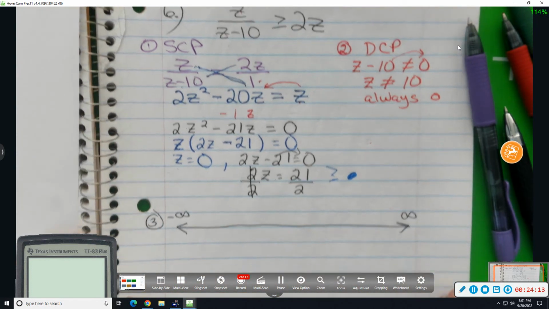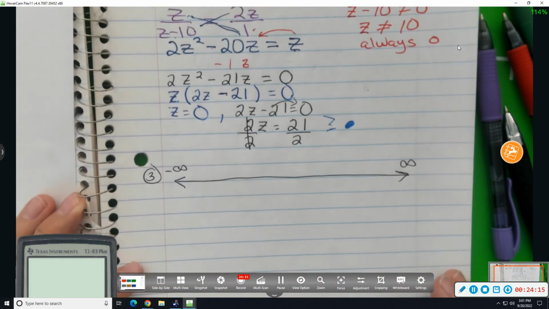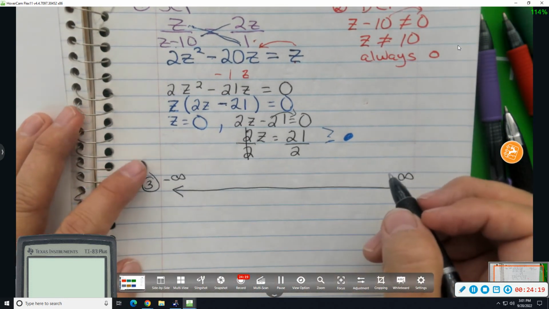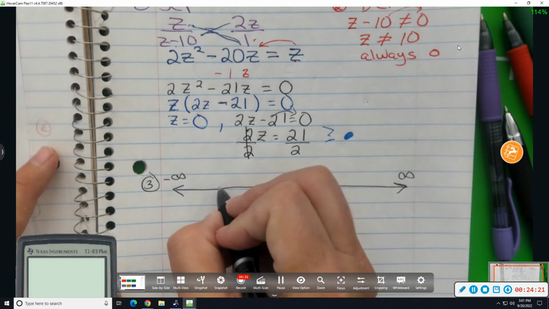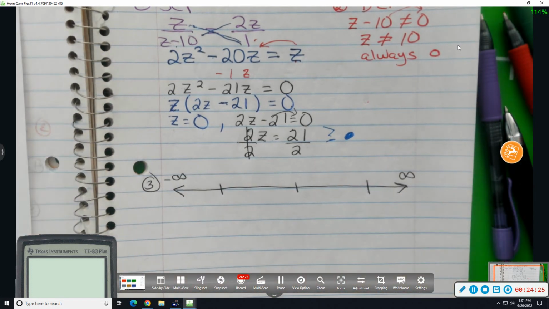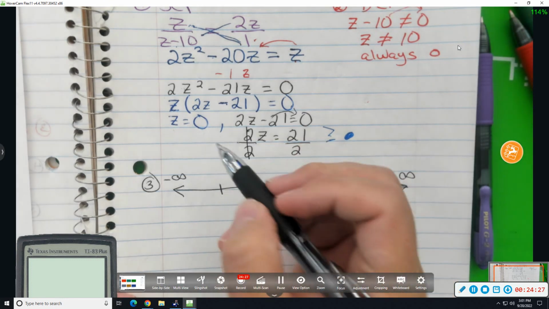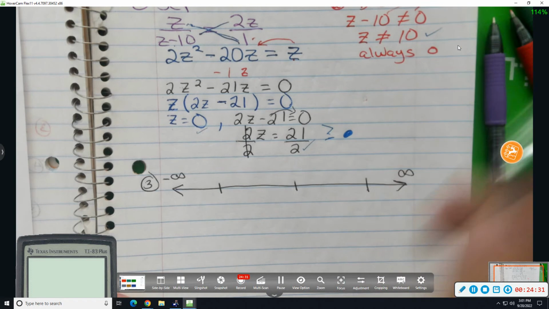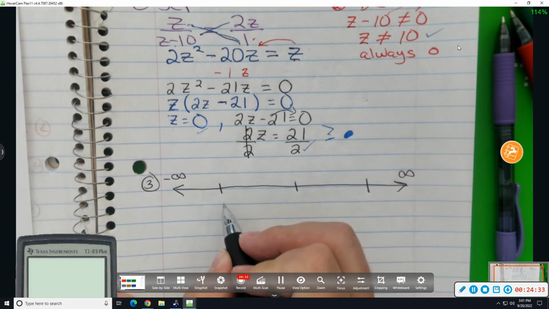Make sure you put these numbers in numerical order. We have 3 cut points: 0, 21 over 2, and 10. Which one's the smallest number? Which one would be closer to negative infinity? 0.